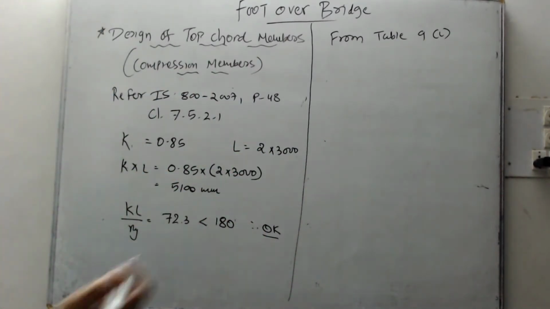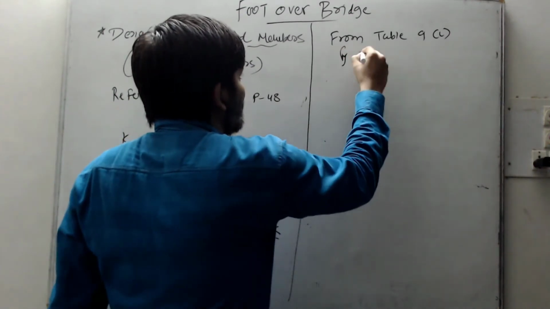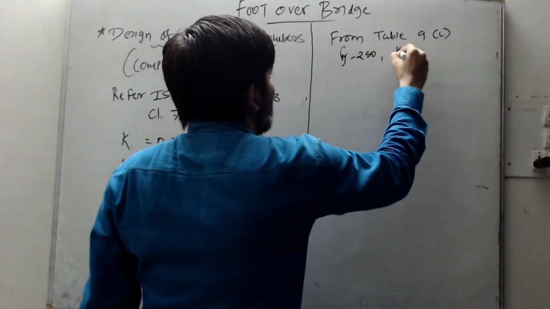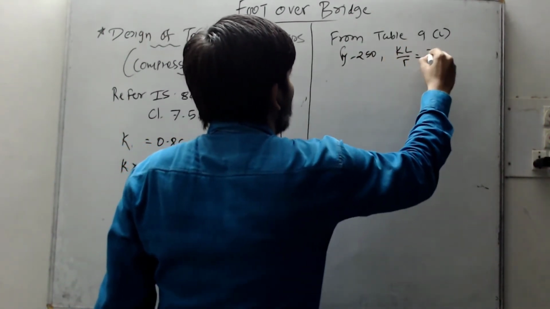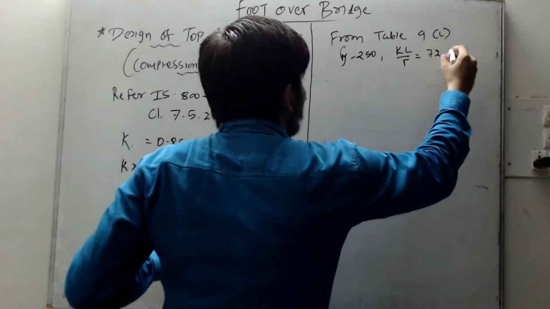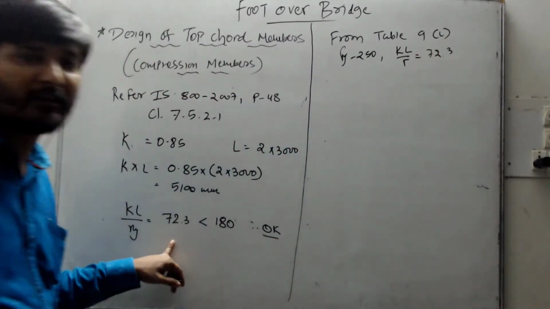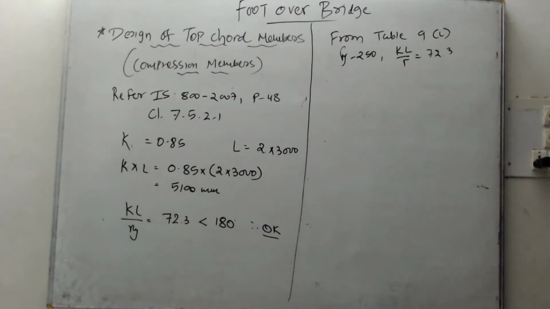So for fy 250 and KL upon r value 72.3, we need to do the interpolation. So for the difference of 10, there is a difference of 16 in the values.